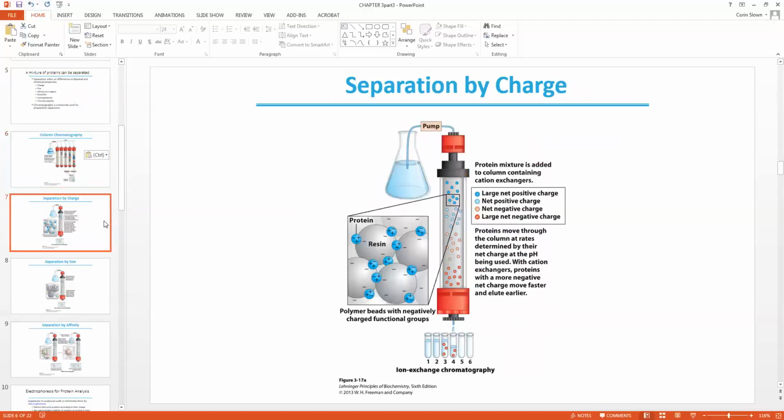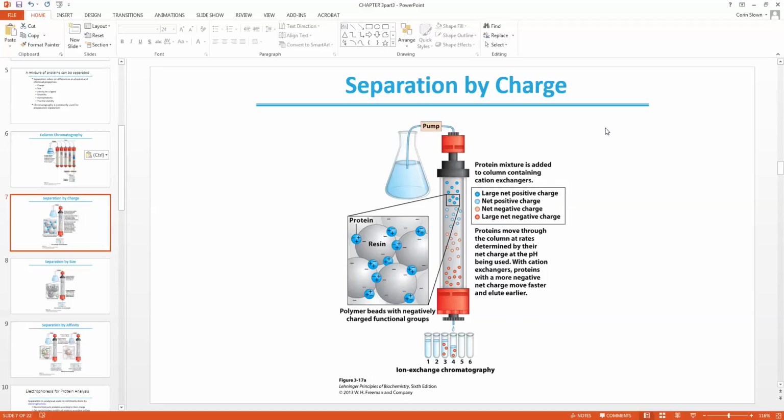If we think about separation by charge, this again uses a column, but now instead of separating by polarity, we're actually looking at charge. So we have our protein mixture that's added on top of the column, but then within the column itself are what we call cation exchangers. So you have a large net positive charge, a net positive charge, a net negative charge, and a large net negative charge.